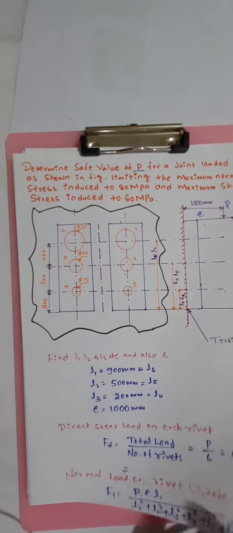With respect to this, we need to find out F1, F2, F3, F4. Since rivet number 1 and rivet number 6 are on the same axis, F1 is equal to F6.